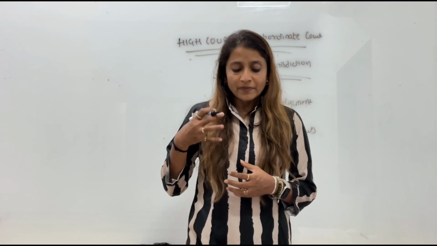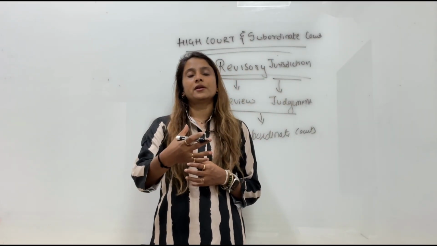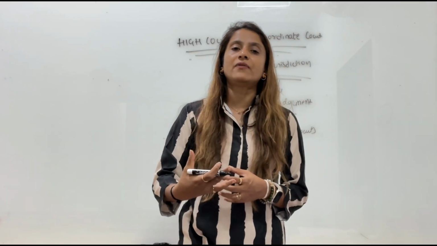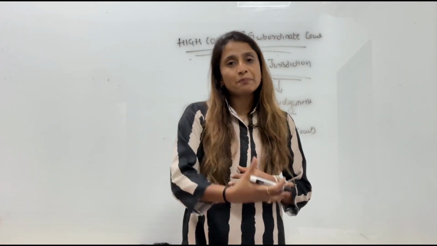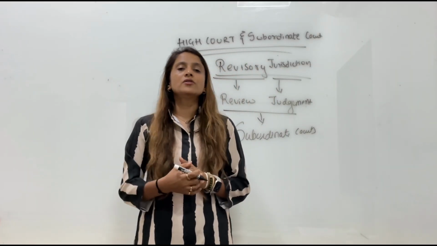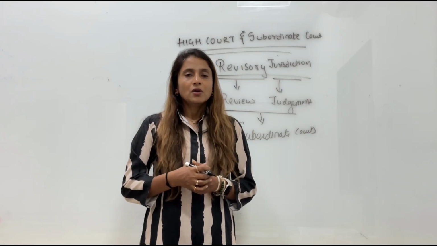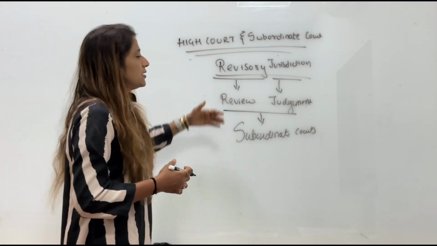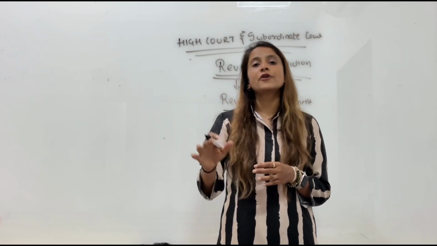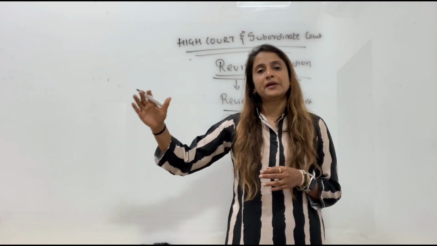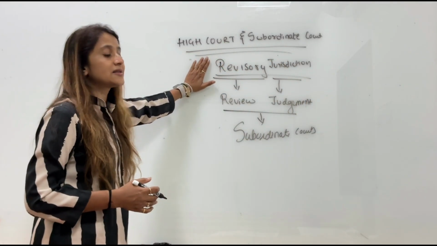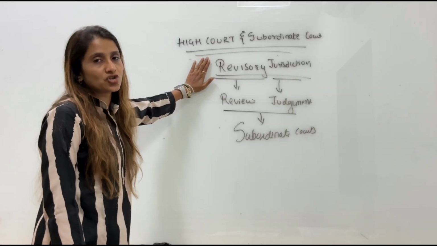Or that arbitrary authority led to a wrong judgment. Arbitrary authority means some people try to misuse their power. There can be politicians or anyone who tried to misuse their power, because of which it led to a wrong judgment. In all these situations, High Court will review the judgment and rectify whatever error has taken place in that judgment. This power of High Court is called revisory jurisdiction.